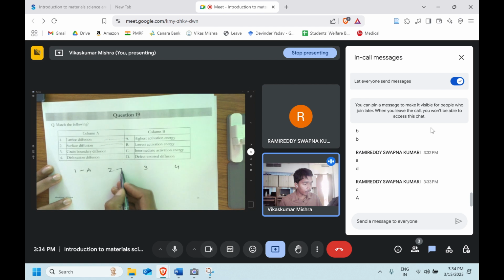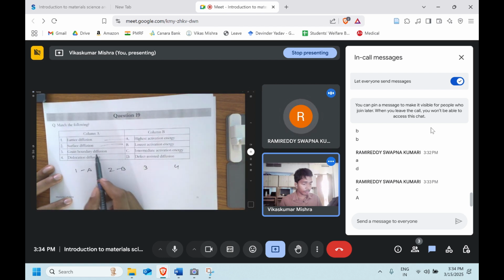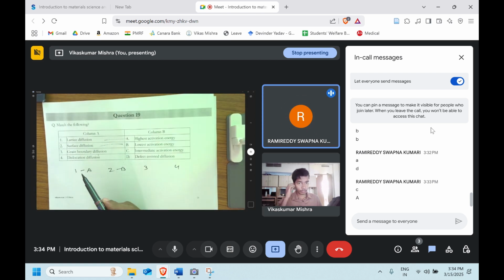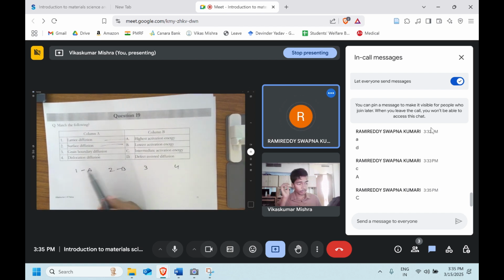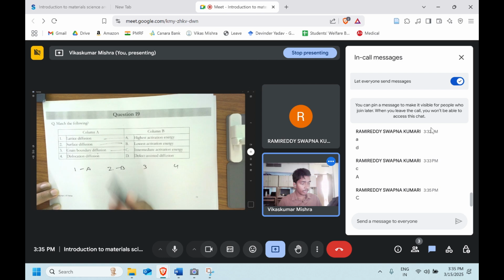So option B. Okay, option C, and then yes, dislocation diffusion will be the D. Right, that's great.